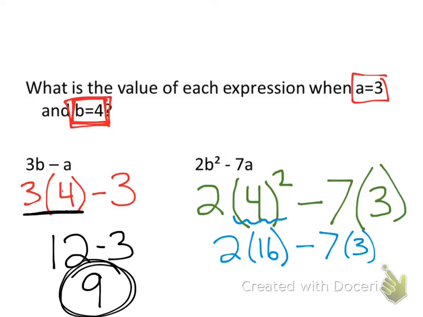What is 2 times 16? 32 minus, what is 7 times 3? 21. Very good. And what is 32 minus 21? 11. Great. What questions do you guys have?